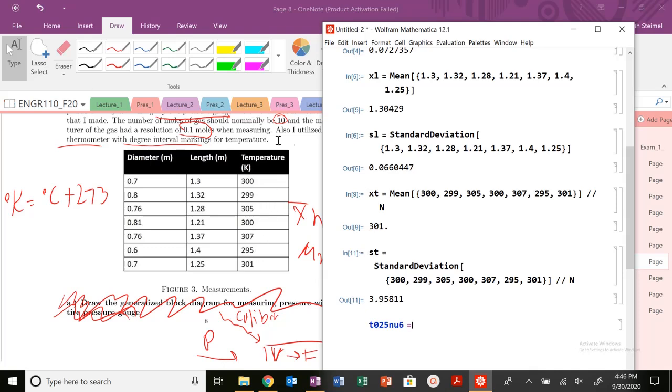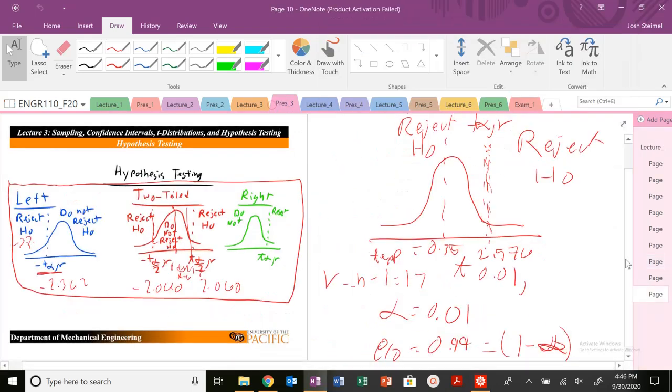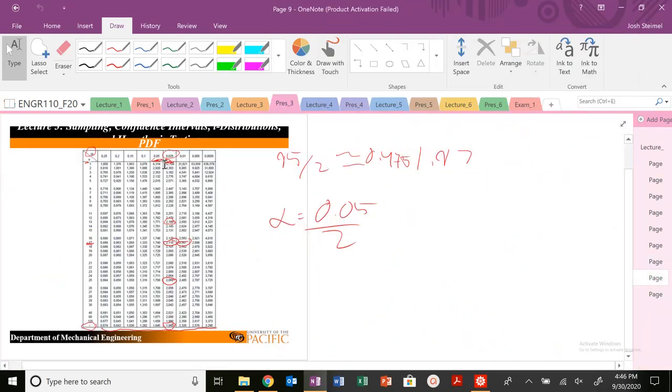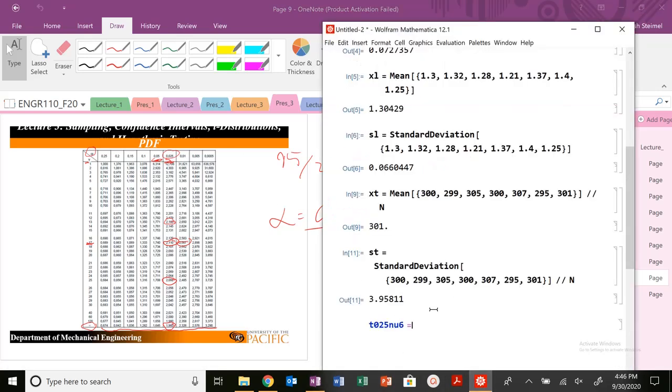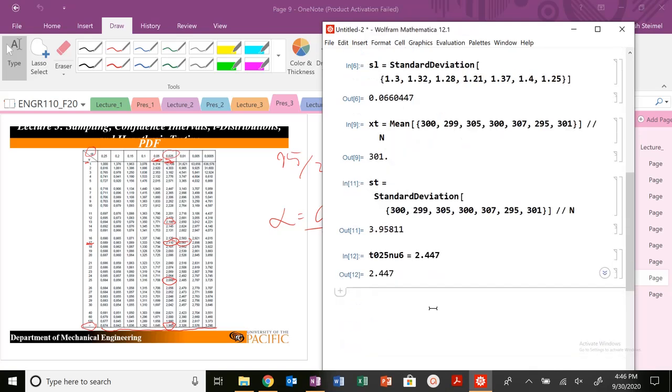Let's go ahead and look that up. t 0.025, nu of 6 is going to be 2.447. Let's double check that right here. 2.447. Excellent. So let's go ahead and write that down. So now I can figure out my precision error.